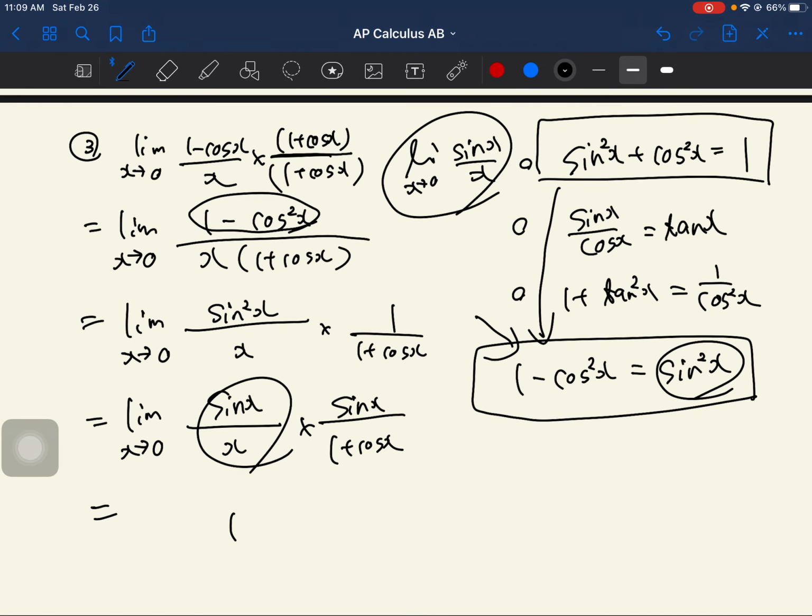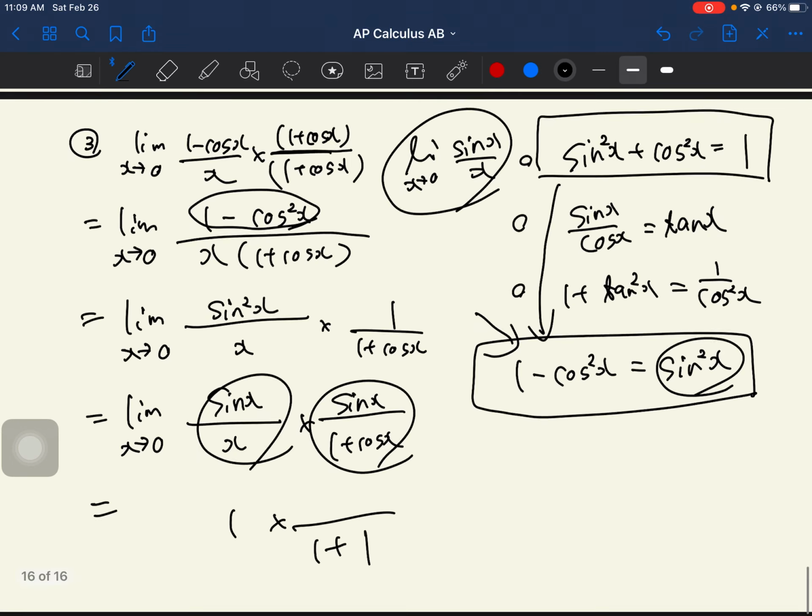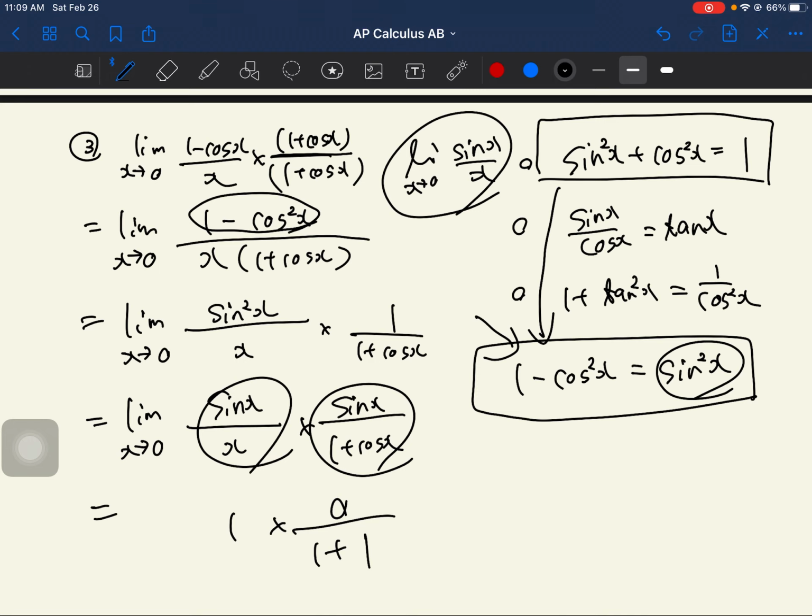Then this one is going to be 1, and now you can plug in 0 into all x here. 1 plus cosine 0 is 2, and sine 0 is 0, so it's going to be 1 times 0 over 2, which is 0.